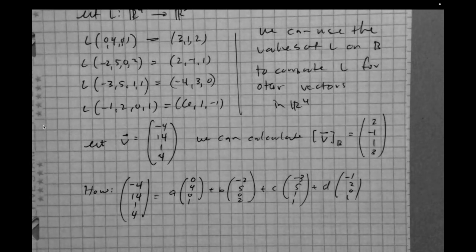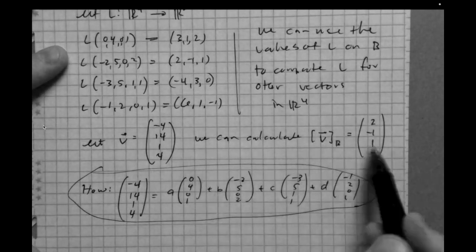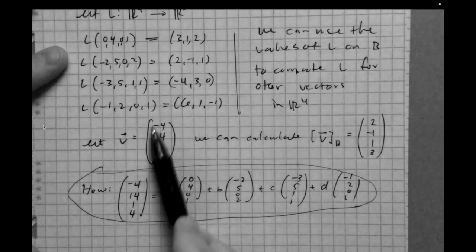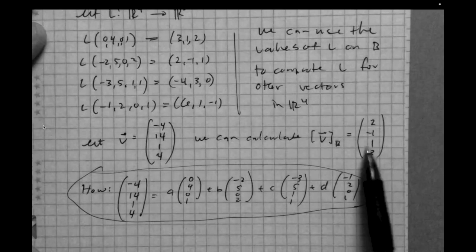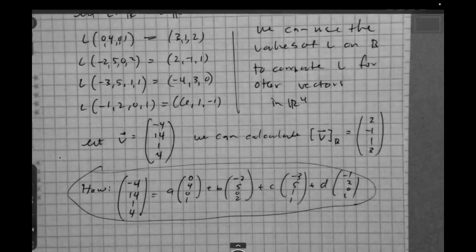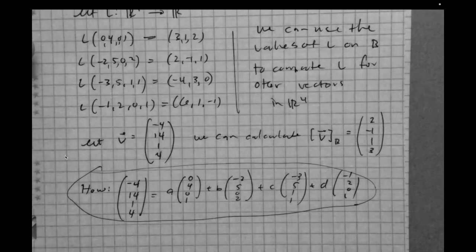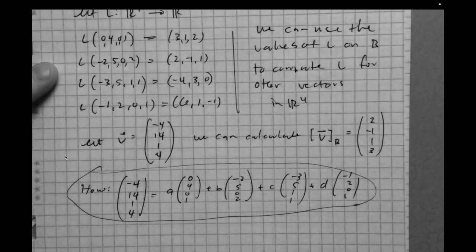Just so you know where that came from. So I've got a vector v, and I can coordinatize it with respect to this ordered basis B, and that's what you get when you do that operation for this specific example here.